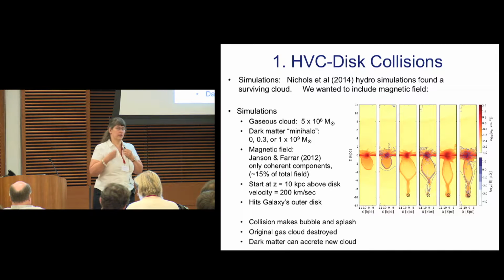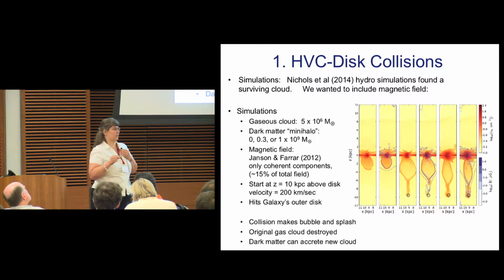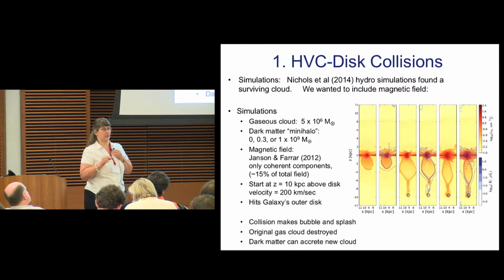So if one really insists that the hypothesis is true, that the Smith cloud has undergone this kind of experience, one would need an extremely large dark matter component. And that's 1 billion solar masses we put into it. One would need an even larger dark matter component in order to grab enough material to make up the Smith cloud that we currently have.